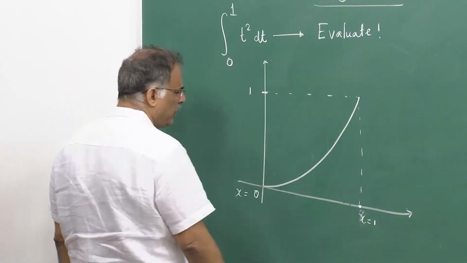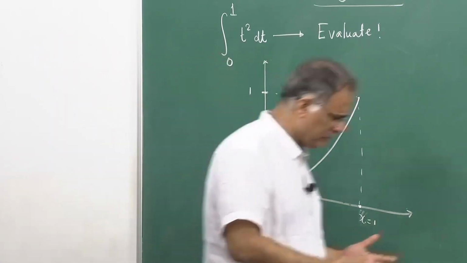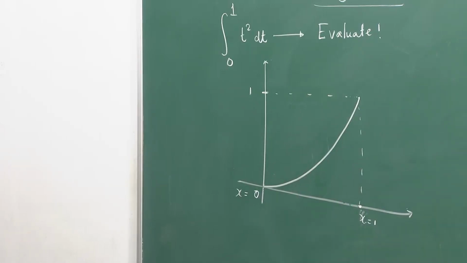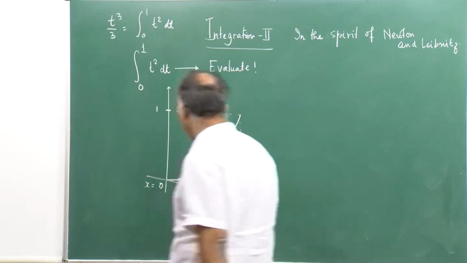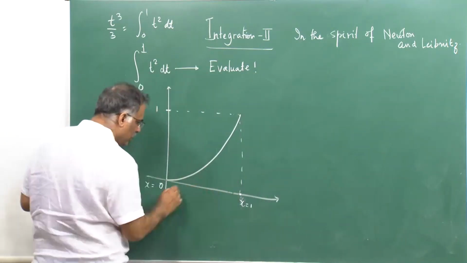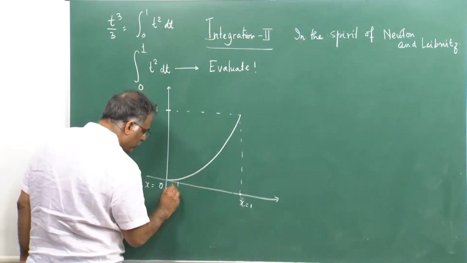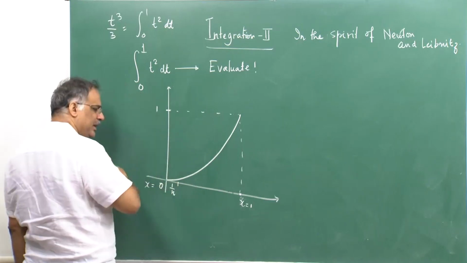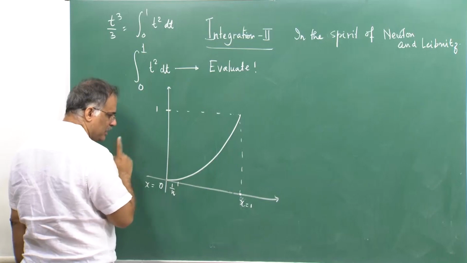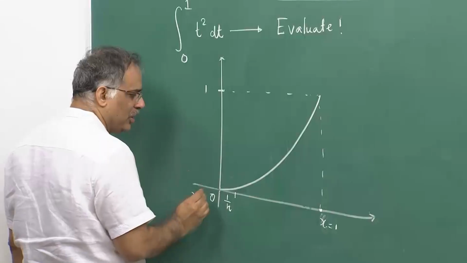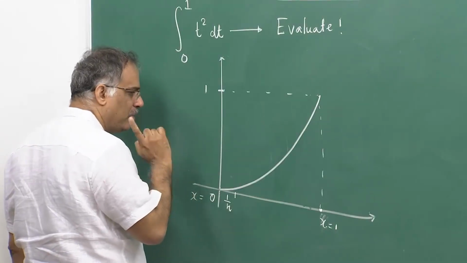Now, I will divide this 0 to 1 interval, of length 1, into n parts. Here b is 1 and a is 0. So, its step length h is 1 by n.